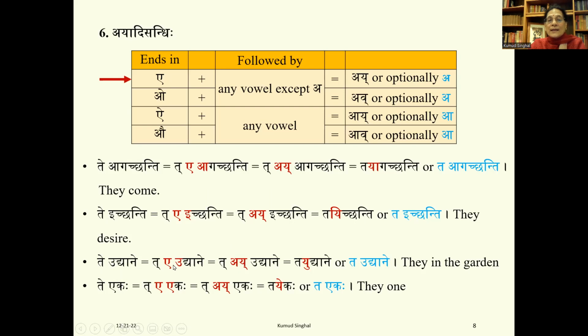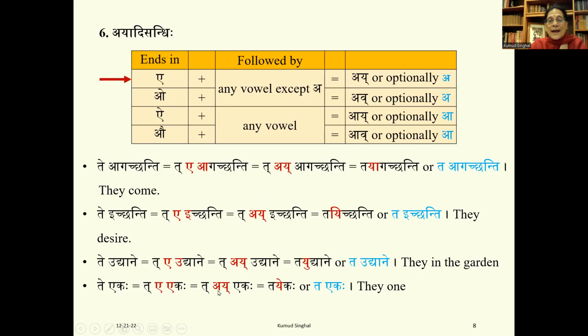Again, A is replaced by I, so ya and U becomes U: tayudyane or ta udyane. Now A is followed by a diphthong. Te ekah, they one.